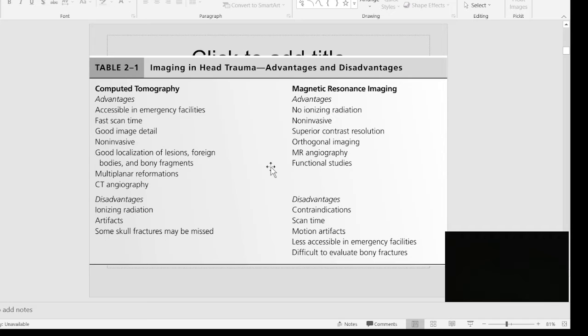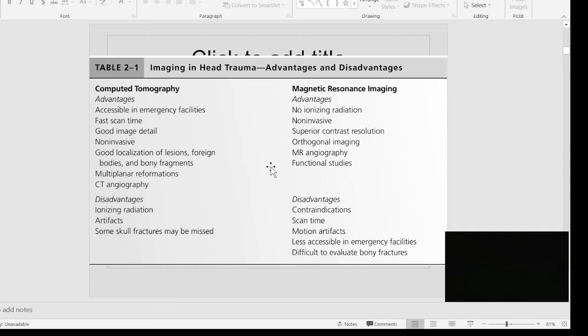Then we have the advantages of magnetic resonance. It has no ionizing radiation. It is non-invasive, with superior contrast resolution, orthogonal imaging, MR angiography and functional studies.